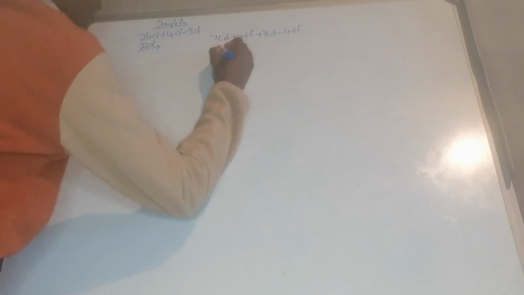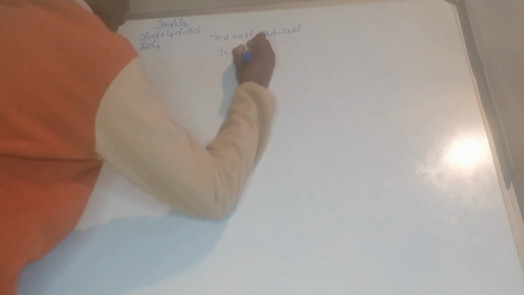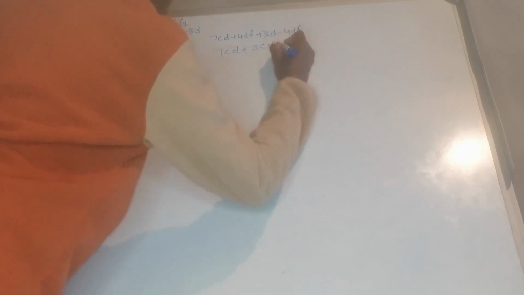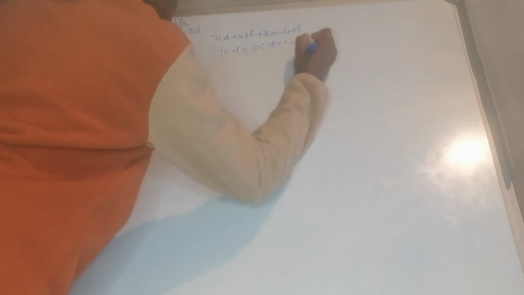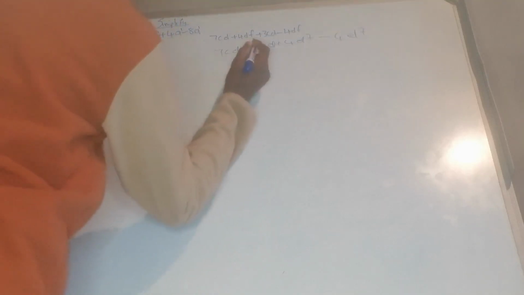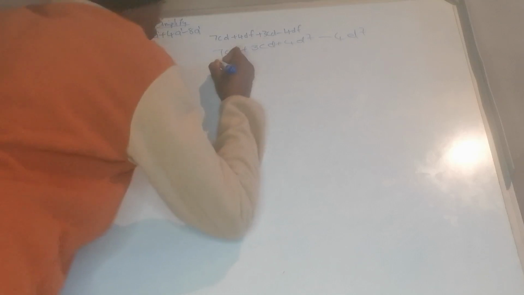We can simplify, so let's rearrange. 7cd plus 3cd plus 4df minus 4df. What is 7 plus 3? 7 plus 3 is 10.